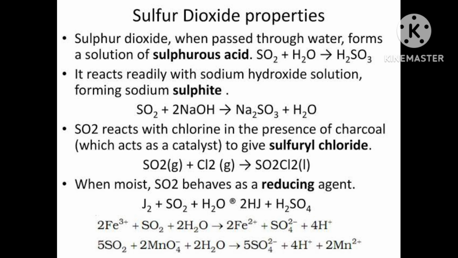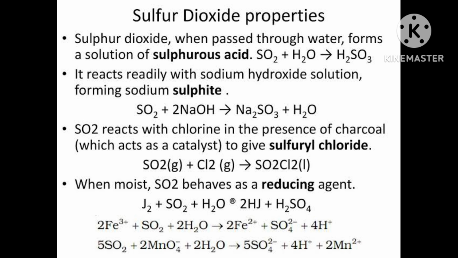Now you consider two molecules. In these two molecules, sulfur is in the middle and 4 oxygens are attached. Total 4 bonds are there. First you consider two molecules and finally you will join both molecules. Then you will get peroxodisulfuric acid. First S is in the middle and total 4 bonds are there.